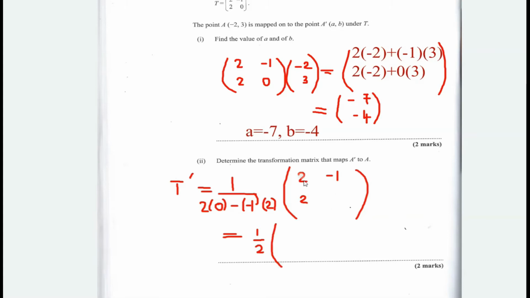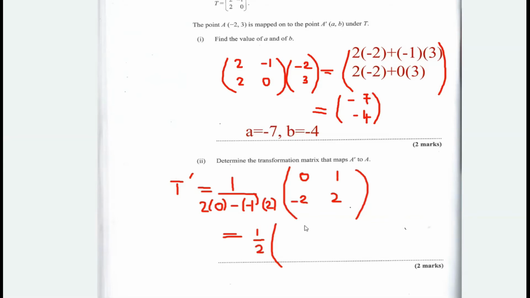Remember, to write down the adjoint, we interchange the leading diagonal and we negate the non-leading. So we interchange the leading to put 0 right here and 2 right here. Then we negate minus 1 to get 1, then we negate 2 to get negative 2.